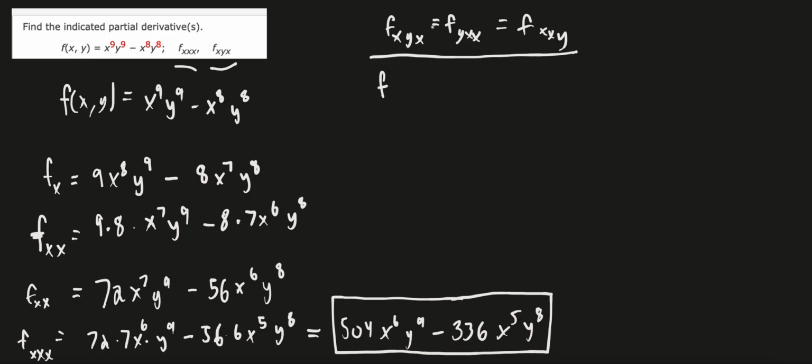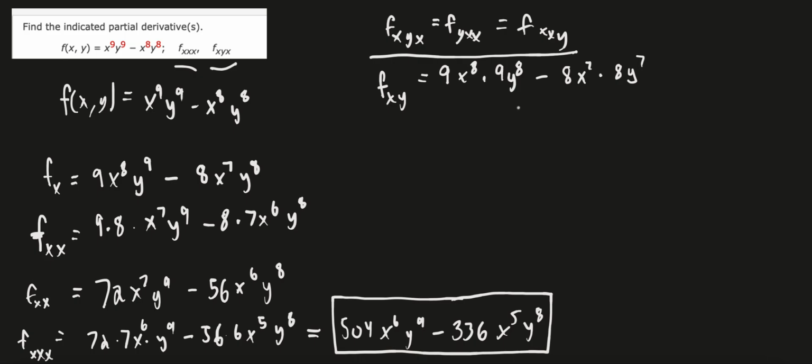Okay, let's go ahead and do this one. So we already know f sub x, so starting with this one, by the way. We can just go ahead and do with respect to y. It's going to be 9 x to the 8th times 9 y to the 8th minus 8x to the 7th times 8y to the 7th.